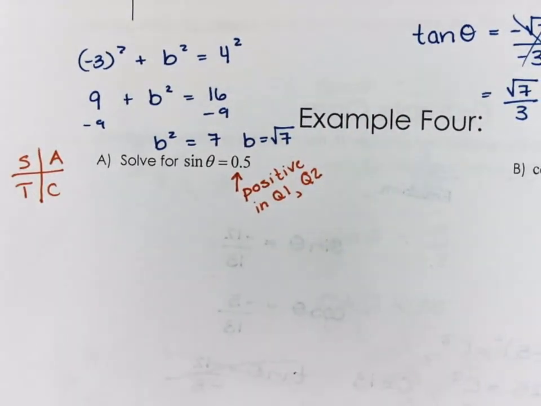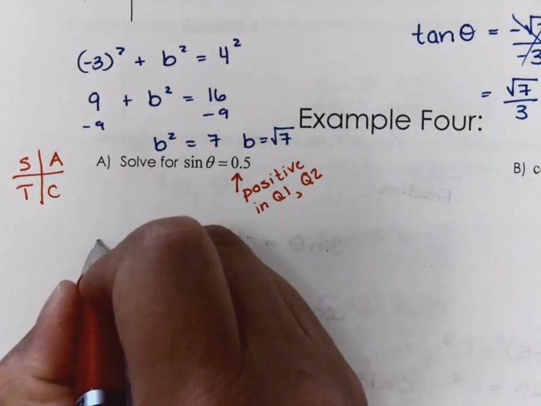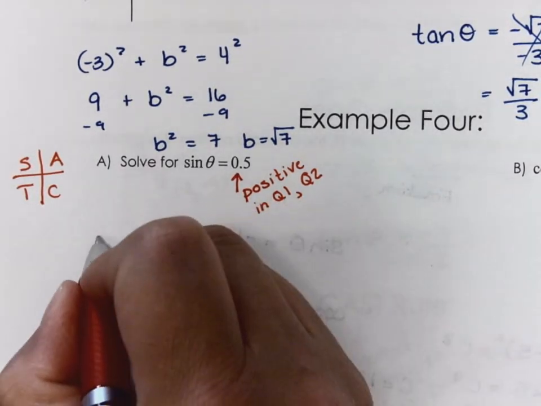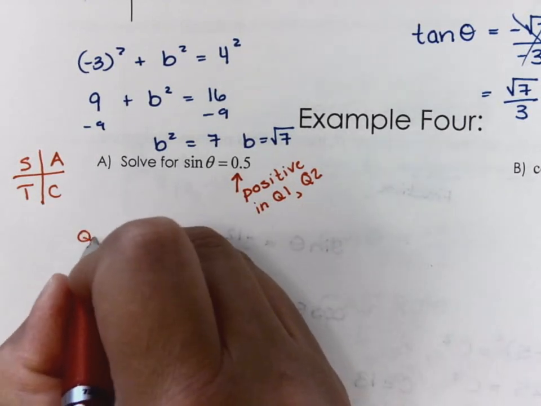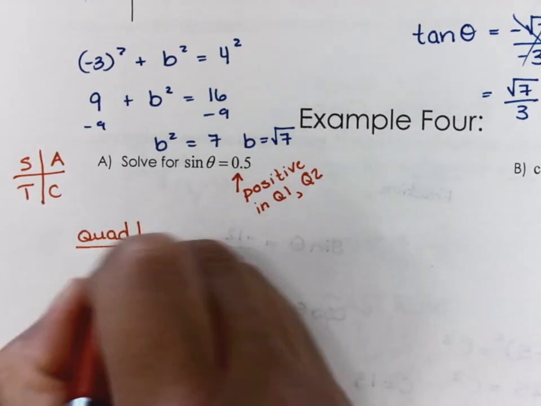So the first time in your life, I'm asking you to look and see beyond just a basic triangle. All right, so in quadrant 1, it's pretty easy. In quadrant 1, you know that the ratio is 0.5. You're going to do exactly what I did in my calculator. So I'm going to label these quadrant 1.